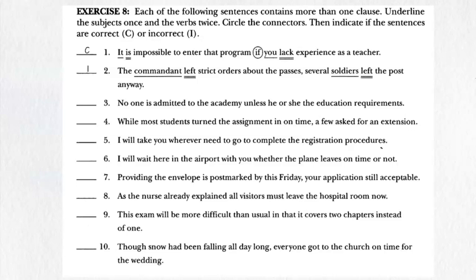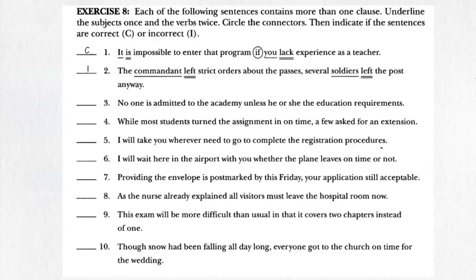This sentence is incorrect because it is missing a verb. It could be unless he or she meets. Number 4, correct. Number 5, incorrect because it is missing a subject, which could be wherever you need. Number 6 is correct. Number 7, incorrect. It is missing a verb, which could be your application is.